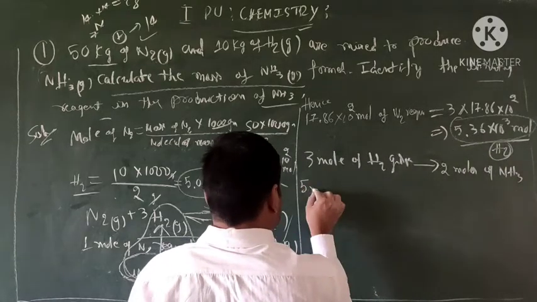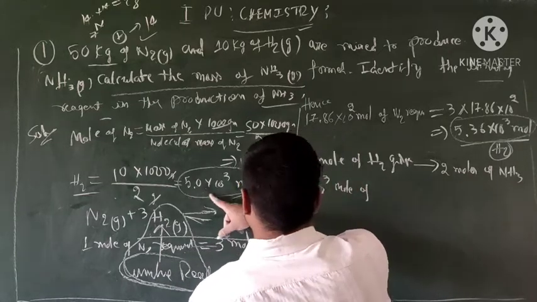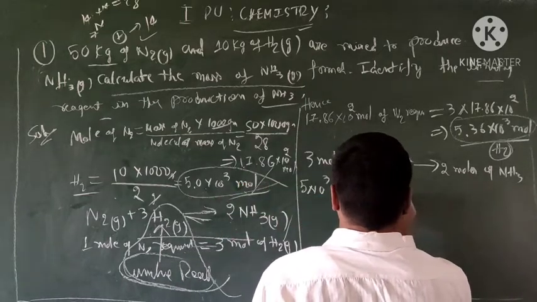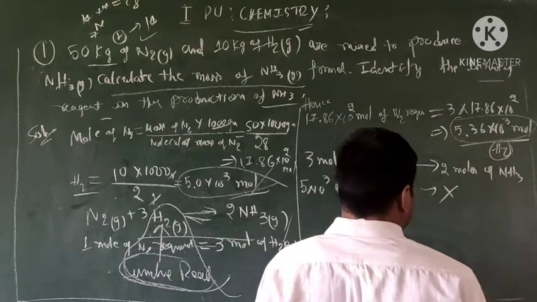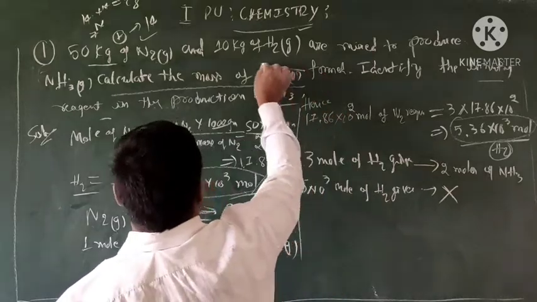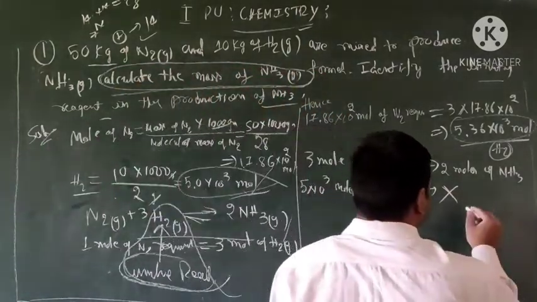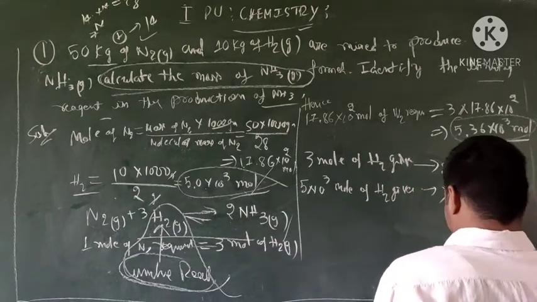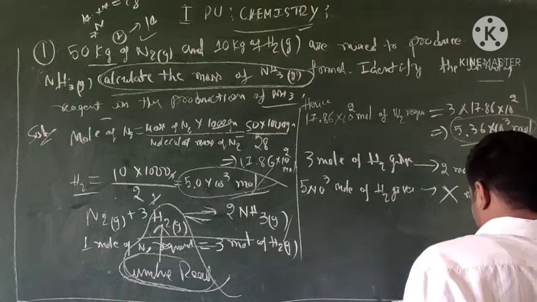So 5 into 10 to the power of 3 moles of H2 gives X. This is the calculated amount of ammonia. So that makes X mole of NH3.